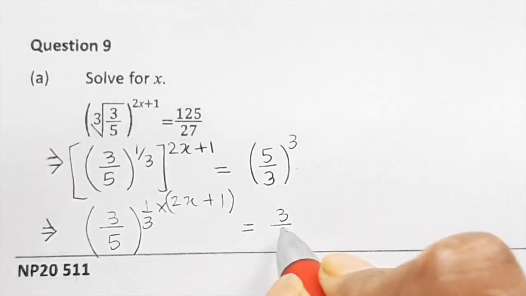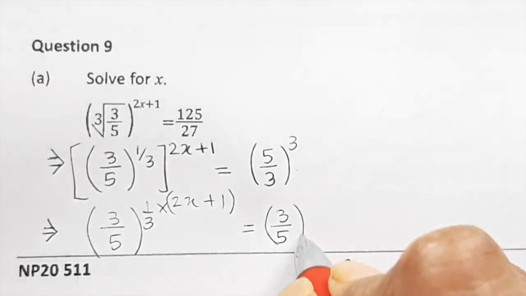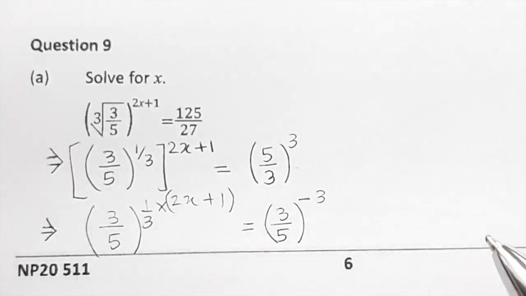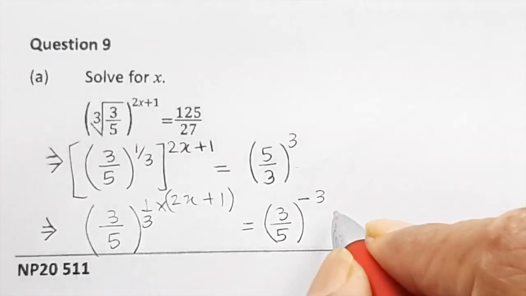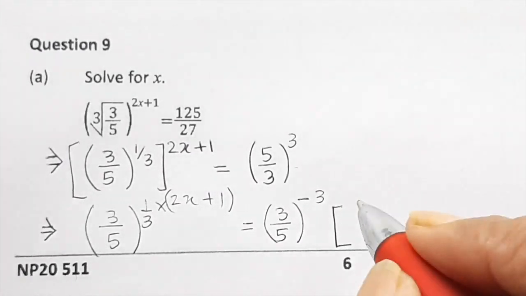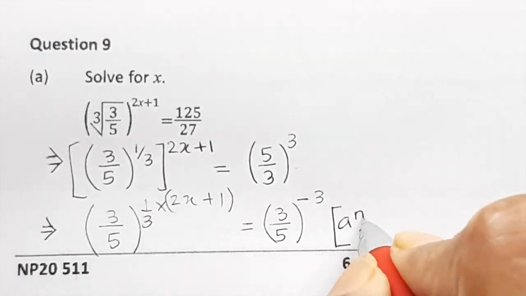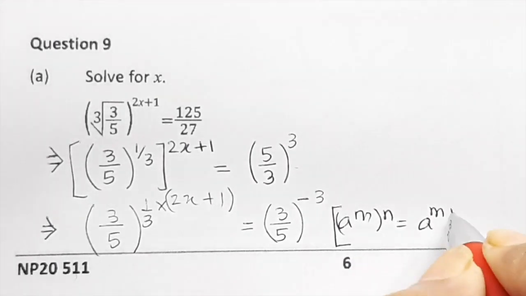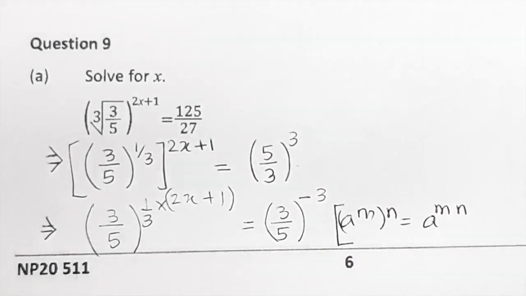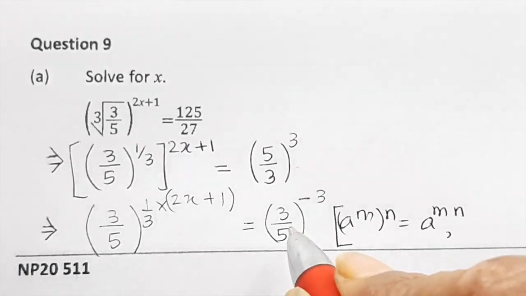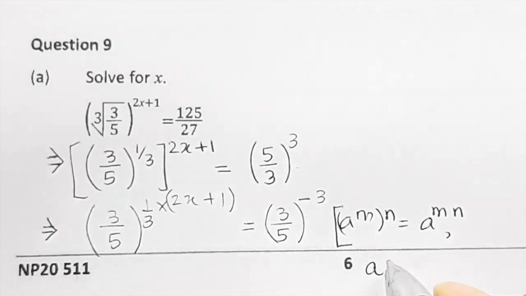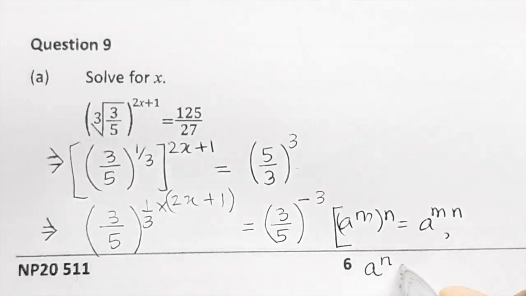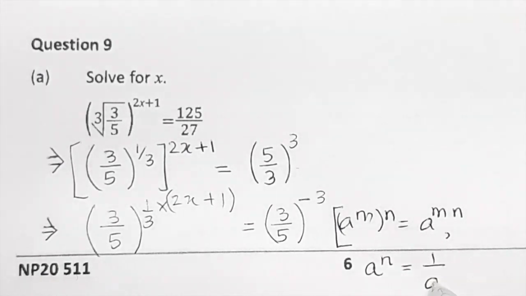This will become (3 upon 5) to the power minus 3. Now here we will have to write the reason because a to the power m bracket to the power n becomes a to the power mn, which we have used here, and here we have used the fact that a to the power n is equal to 1 upon a to the power minus n.